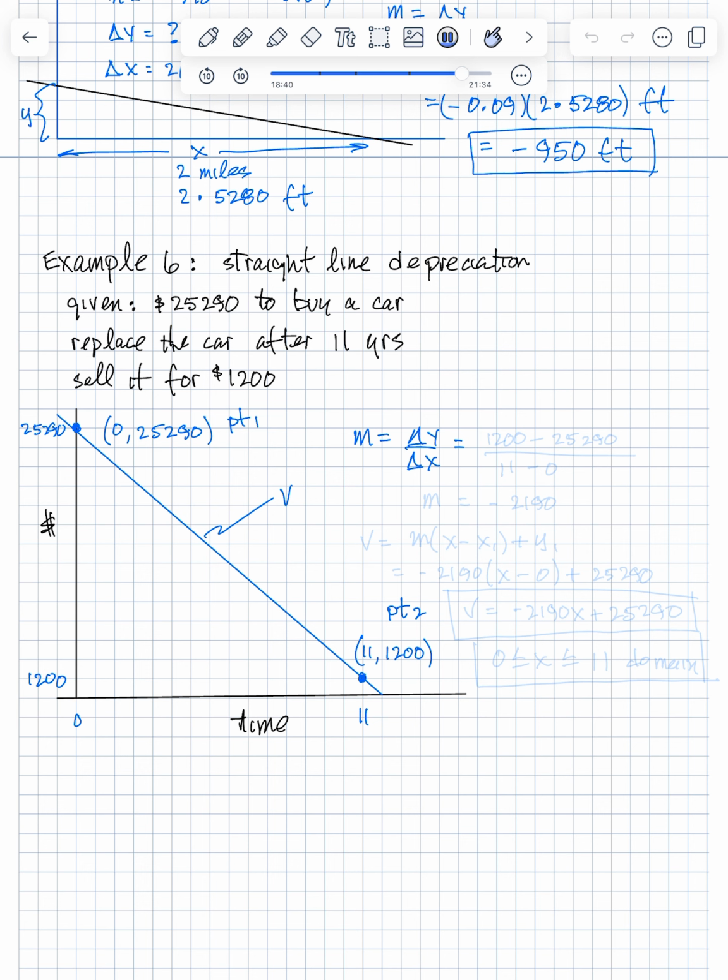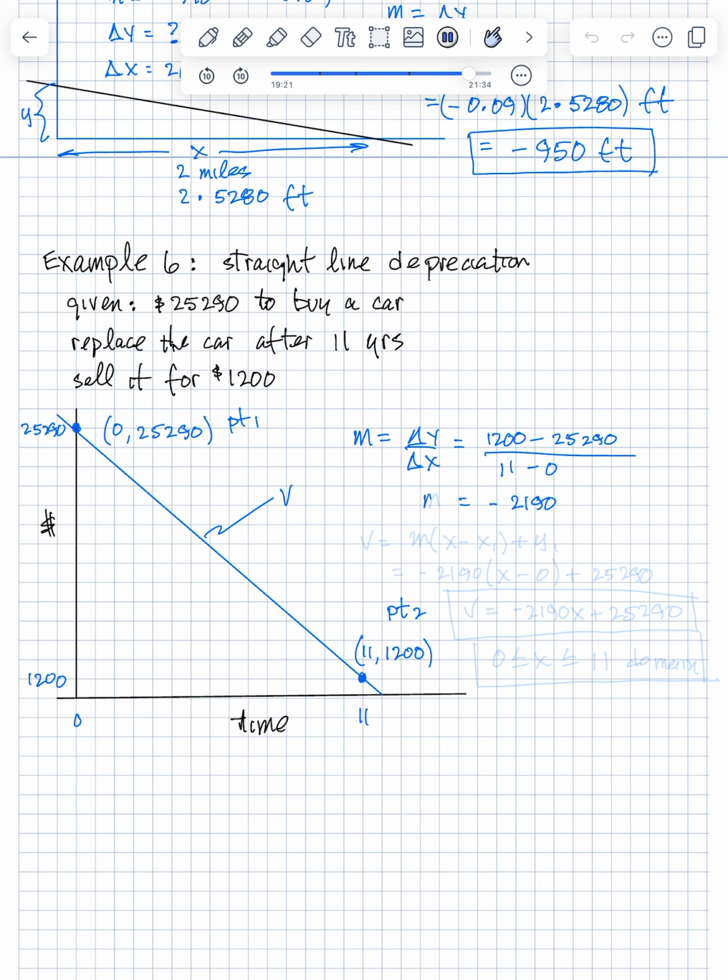So you can do it either way. So delta y is going to be 1200 minus 25,290 over 11 minus 0. Now, this is going to give you a negative answer, which you expect because it's a negative slope. This is going to give us a negative 2190.